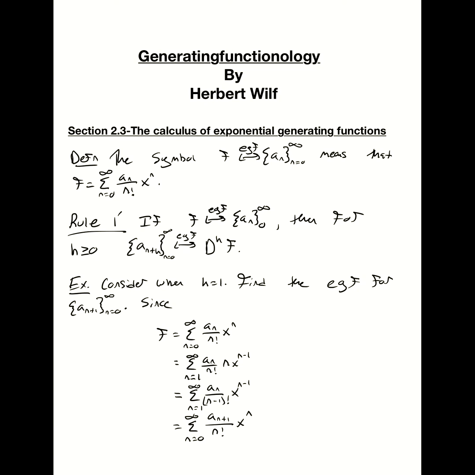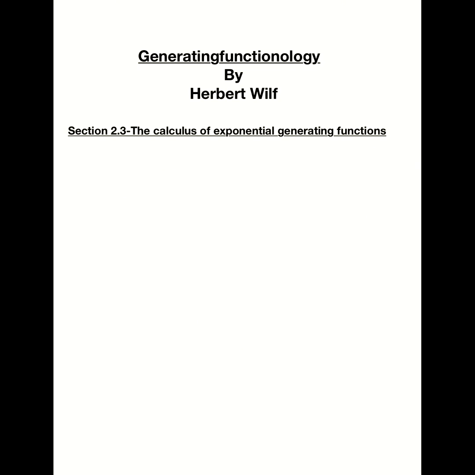So let's go to the next page. And so let's see if we can put this into action. Let's do another example, maybe one that's a little bit more enlightening. Find the exponential generating function for the Fibonacci sequence.